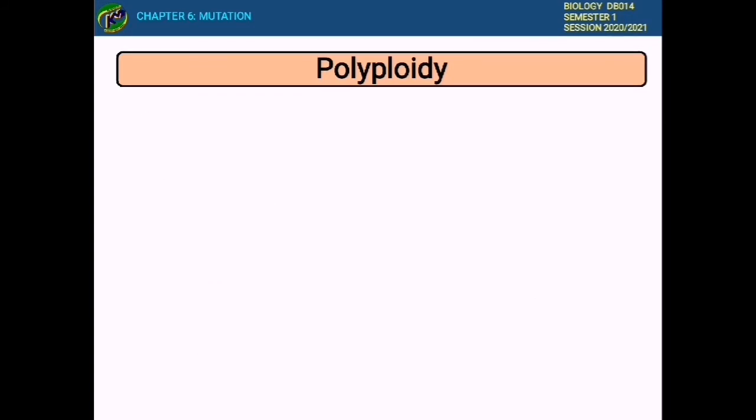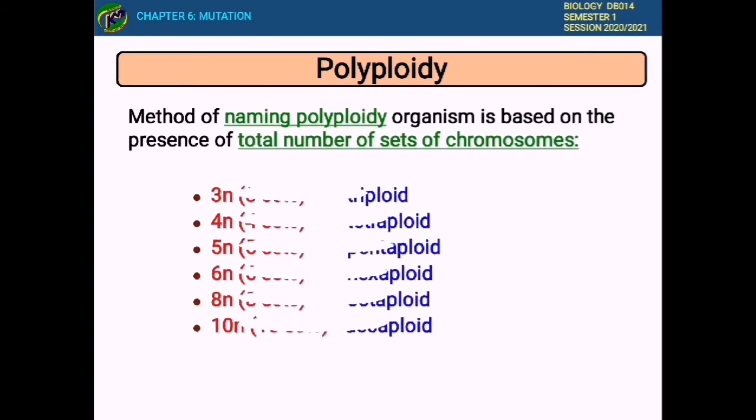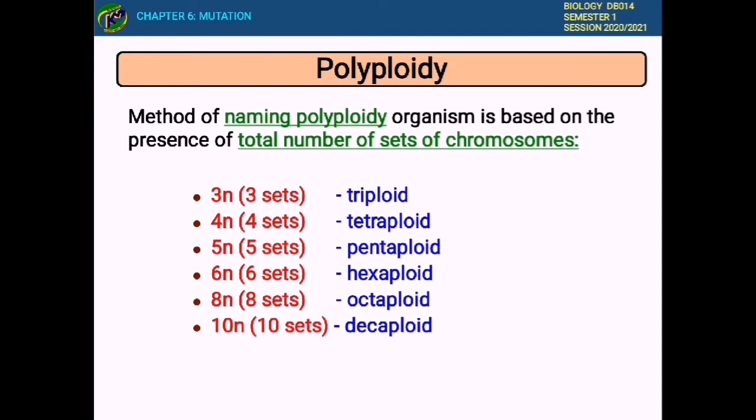So polyploid organisms are named based on the total number of sets of chromosomes. For example, 3n is called triploid, then tetraploid, pentaploid, hexaploid, octaploid, and decaploid.